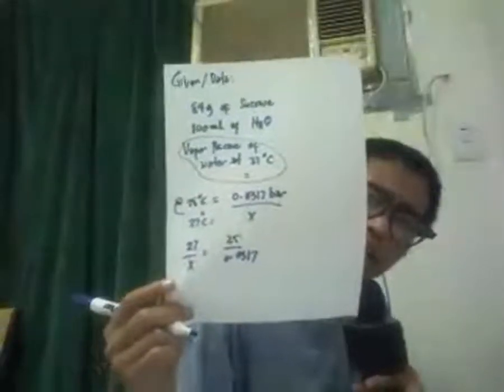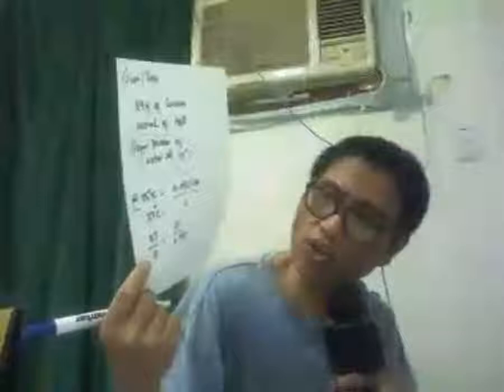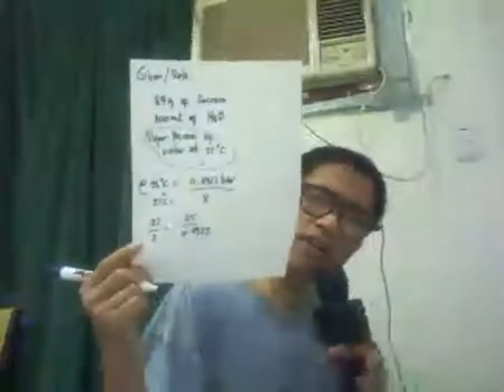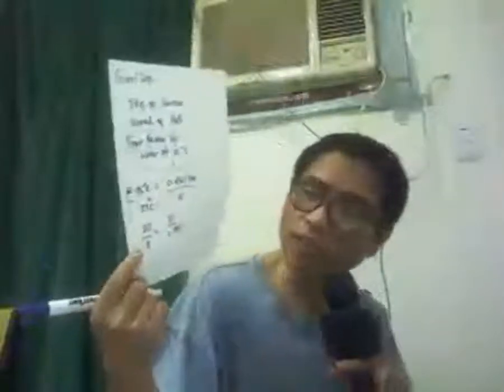So we have 27 degrees Celsius, where we don't know the pressure, equal to 25 degrees Celsius, where we know the pressure, which is 0.0317, and we can solve for the value of x. So this is our vapor pressure at 27 degrees Celsius because it is the same water.